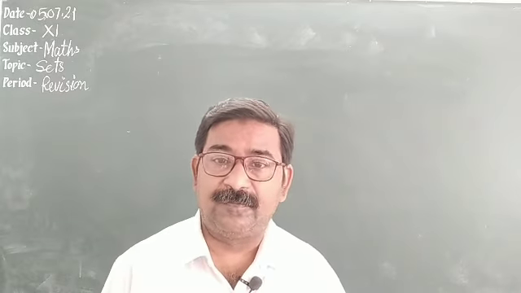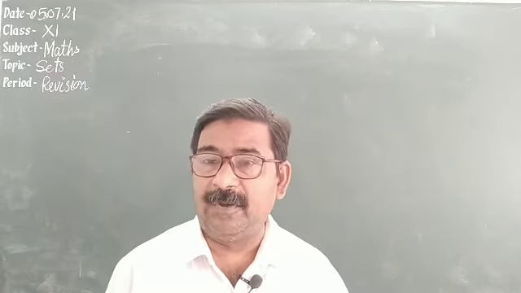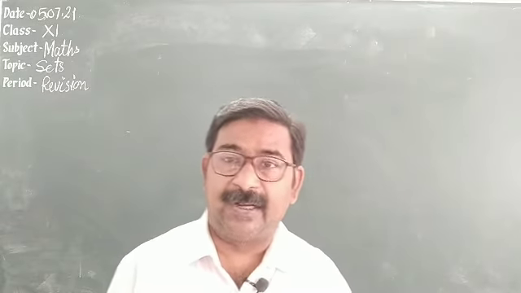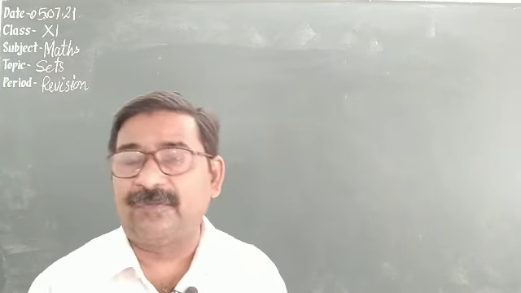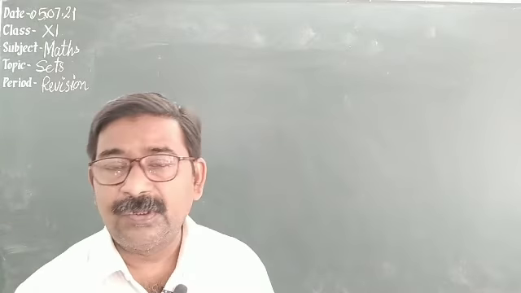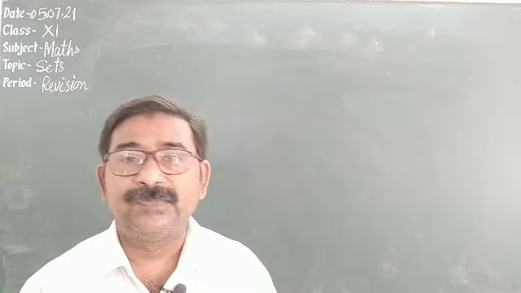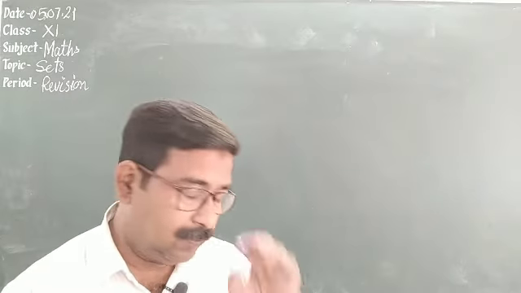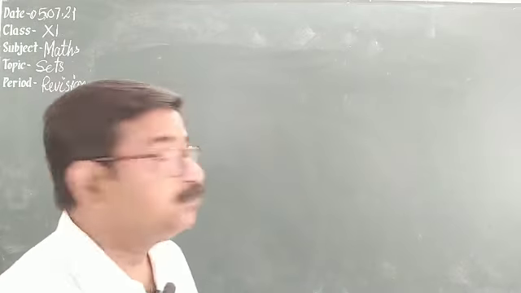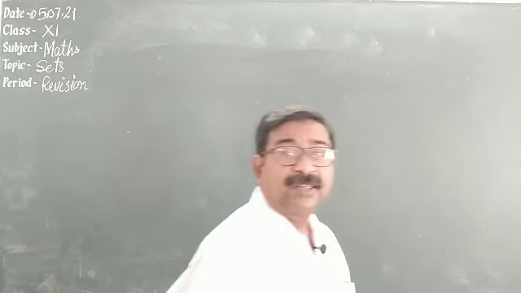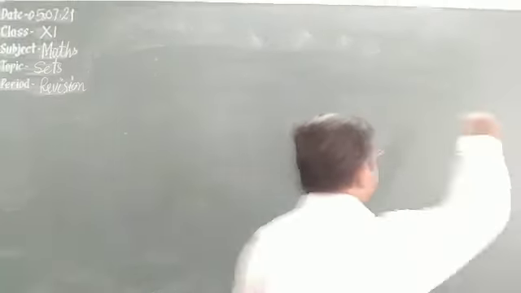In both cases we can use Venn diagram or the formula. So I am just giving the idea of formula first, then Venn diagram. Yesterday in the previous lecture I explained.